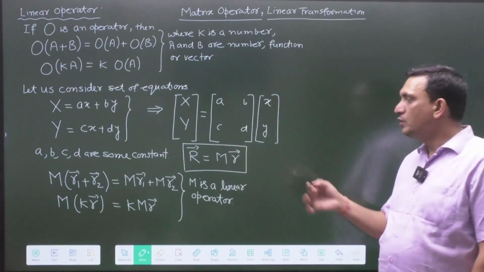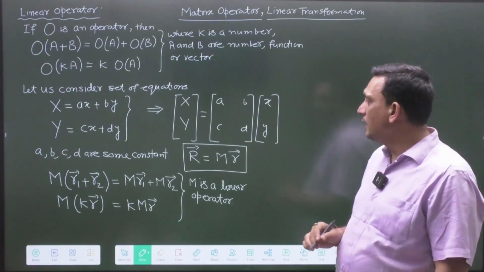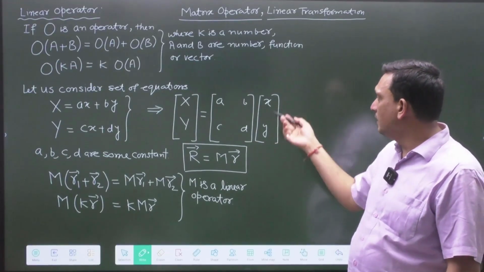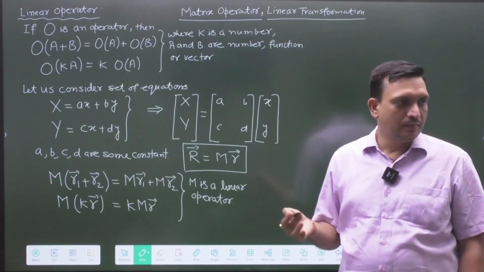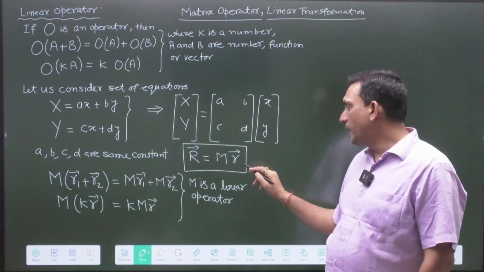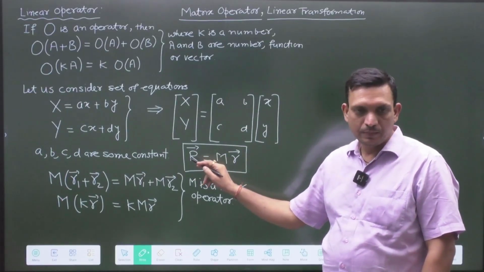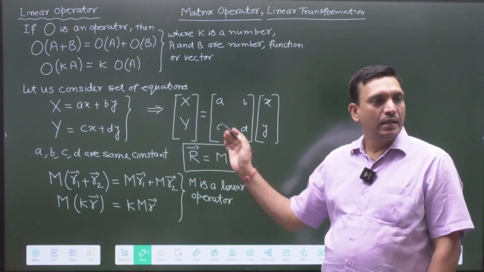Now we can visualize this equation in another form. If you think of x, y as a point in some xy plane, and when you are operating a matrix on a vector, you will get a new vector.